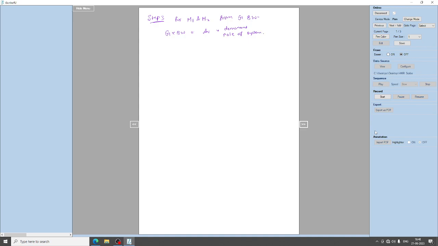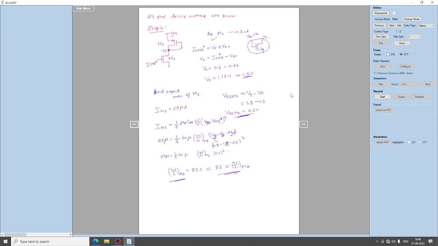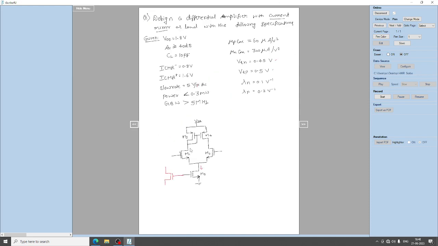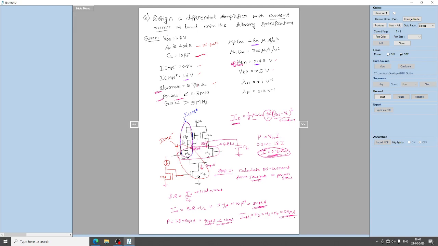Since it is a symmetric circuit, I will take the gain with respect to half of the circuit, considering only M3 and M1 as a common source amplifier, connecting this to ground for this analysis.